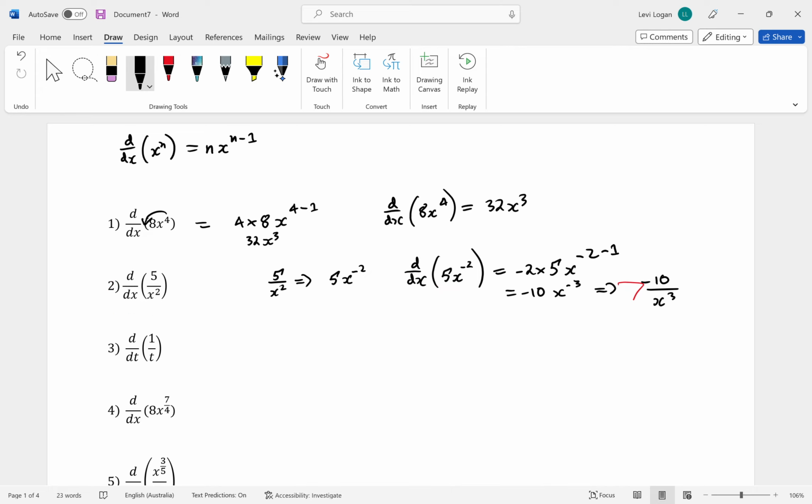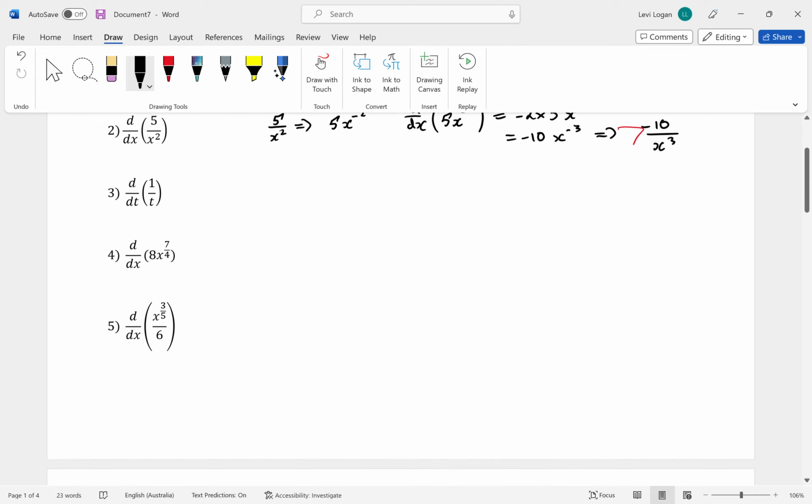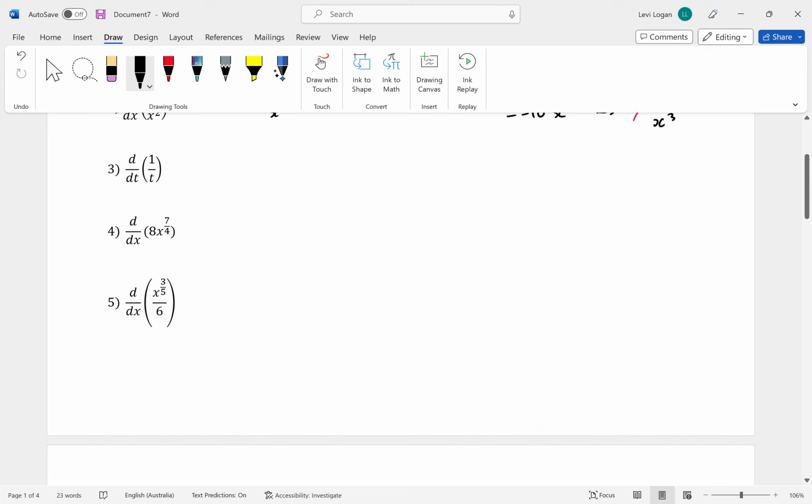Alright, let's have a go at this next one, number 3. So if you want to have a go at number 3, feel free to pause the video and have a go. Alright, same thing as before, 1 over t. We're just going to use our index laws and we're going to change the way it looks. That's the same as t to the negative 1, alright? So if we're taking the derivative, d dt, all we're going to do is bring this down the front and subtract by 1 up here.